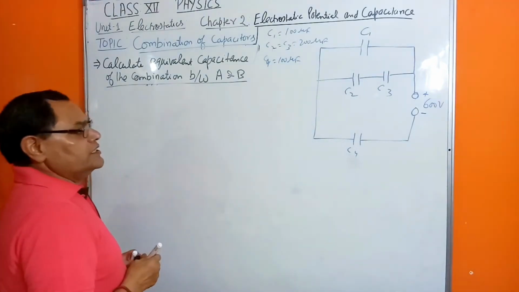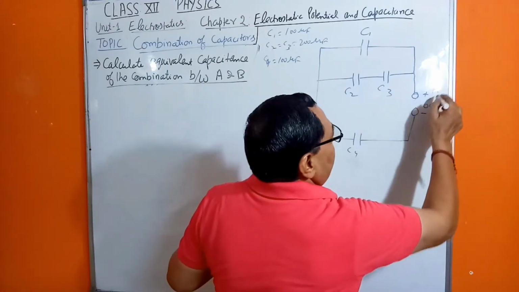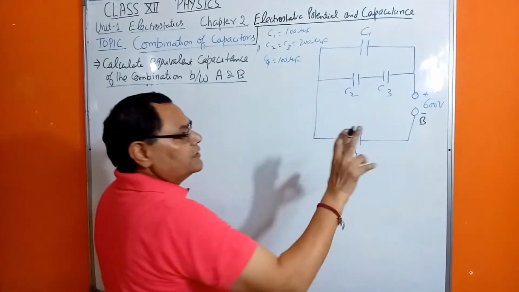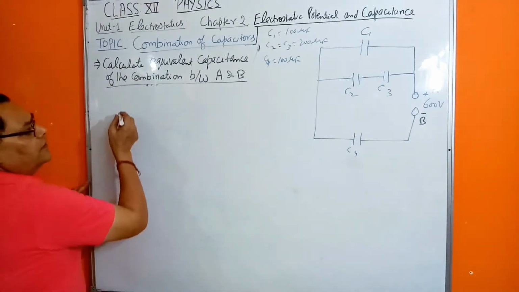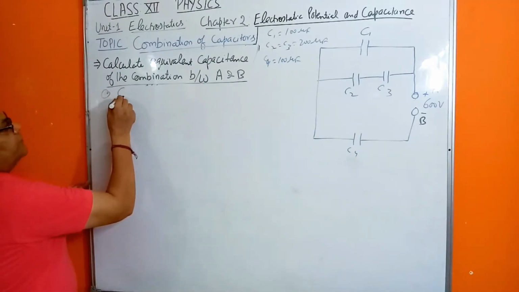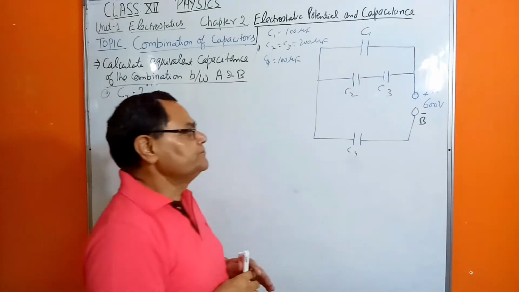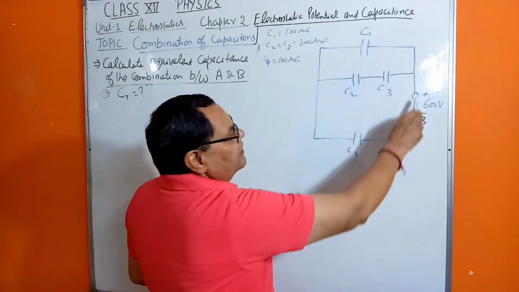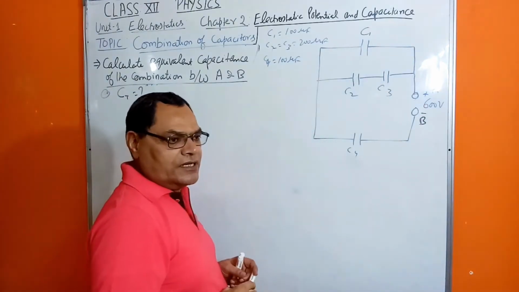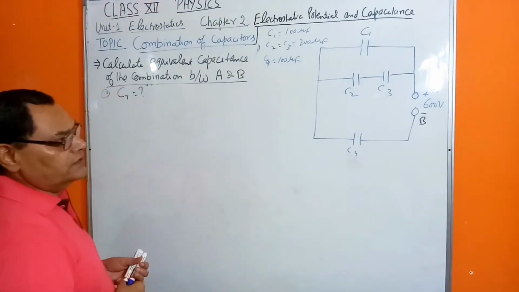Let me put points A and B. There are 3 questions, very important for the CBSE examination. Part A: we have to find CT, the total capacitance of this combination. The second question is to find the charge on each capacitor, and of course the voltage on each capacitor.